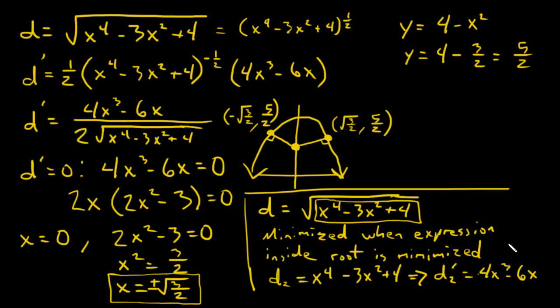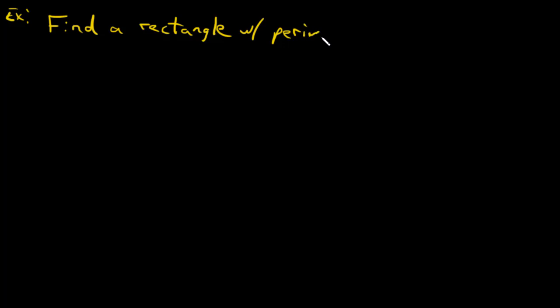Now, let's do one more example. So let me clear this. Okay, so for our last example, it's a little bit easier than that one that we just did. So we'll finish with a nice simple one. Let's find a rectangle with perimeter equal to 72 inches and the volume is maximized.